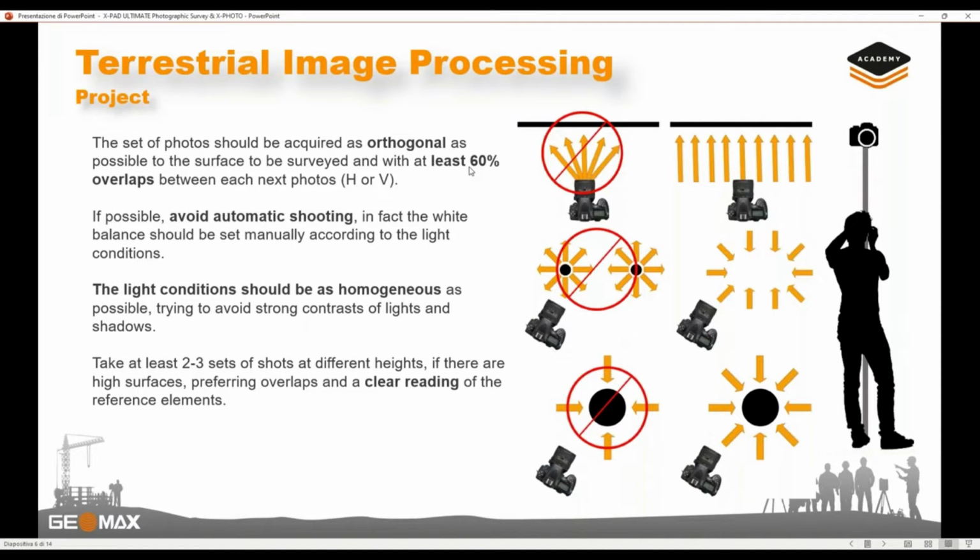We must, if possible, avoid automatic shooting. What does it mean? Automatic shooting has an automatic white balance for the photos, but also an automatic brightness recognition.